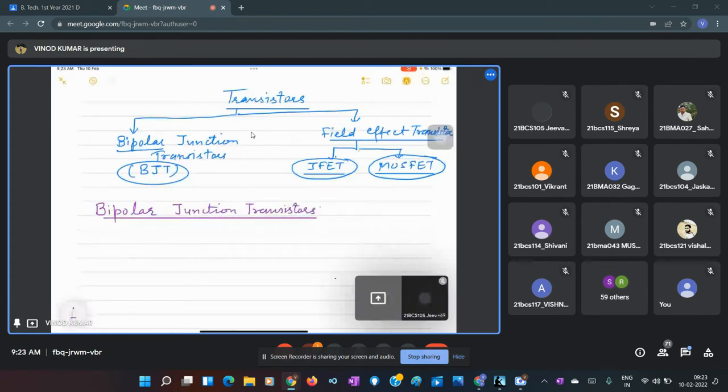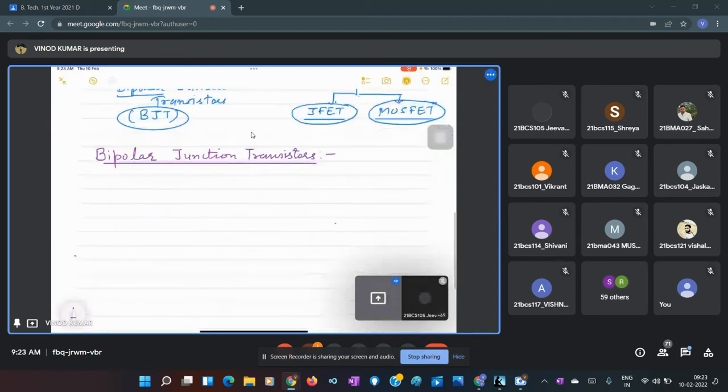So practically it looks like this. It is having the structure.